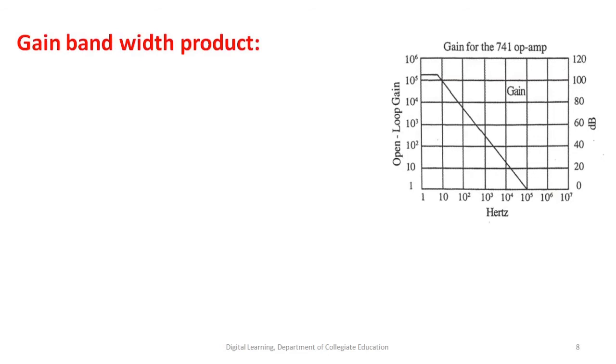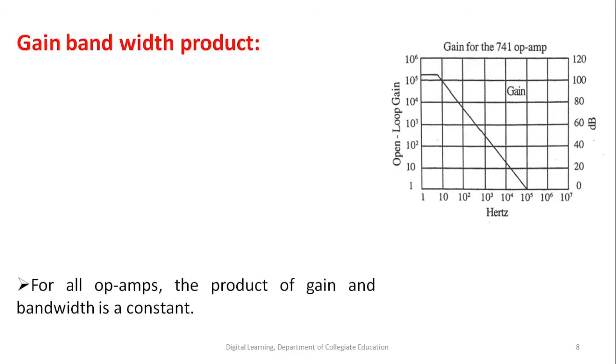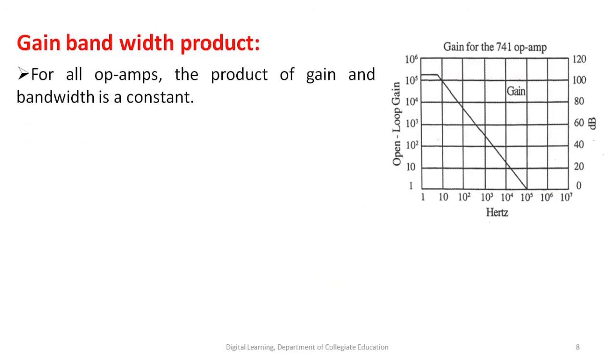Next we'll move on to gain bandwidth product. Gain bandwidth product means gain multiplied by bandwidth, and their product is a constant. Generally in all op amps the product of gain as well as bandwidth is a constant.